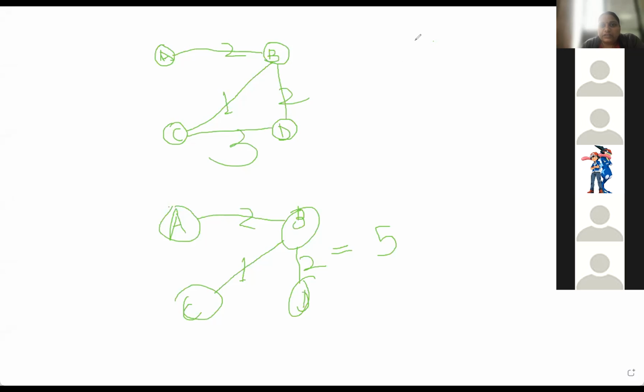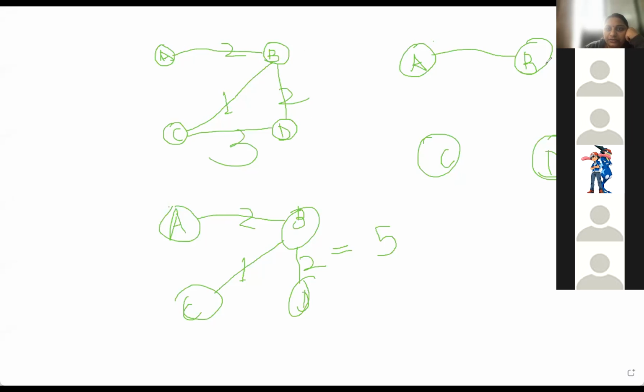Now another spanning tree we will consider. A, B, C, D is there. Another spanning tree, what will it be? We have considered A, B. This one also is there.